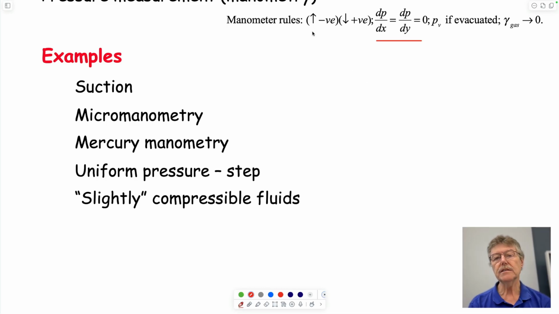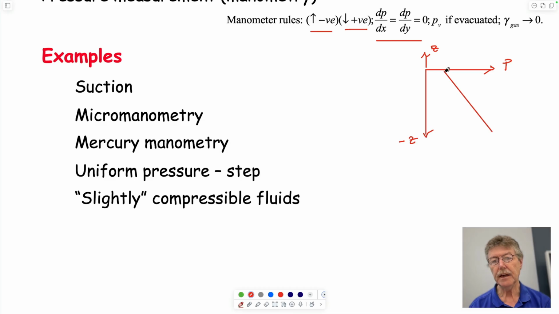And the more important ones are that if we go up, we subtract a pressure, and if we go down, we add a pressure. And of course, the most obvious way to show that is if we look at this axis with pressure, and we know that positive z is up in this direction, negative z is in this direction, we know that if we go down from some location here, P0, then P1 is just this.